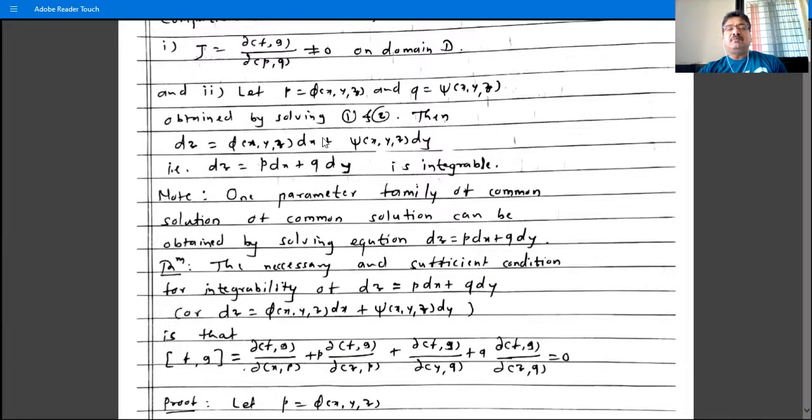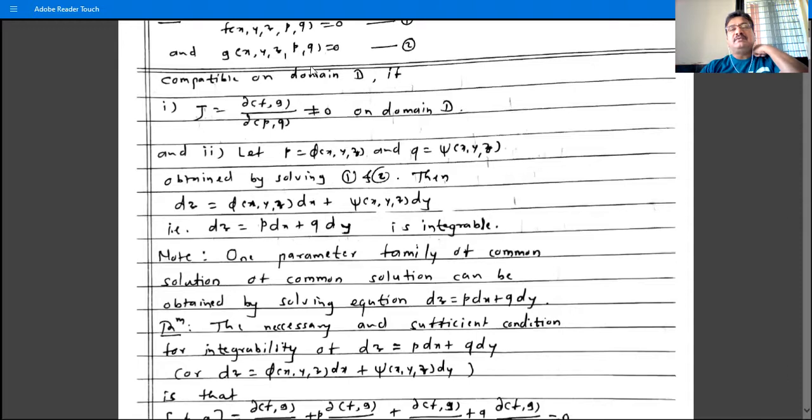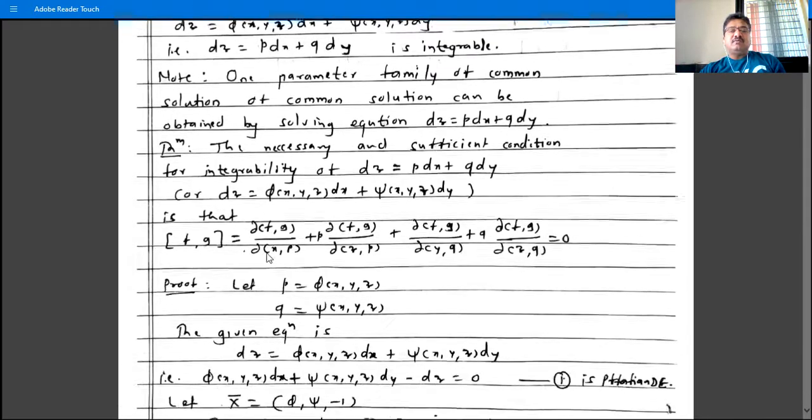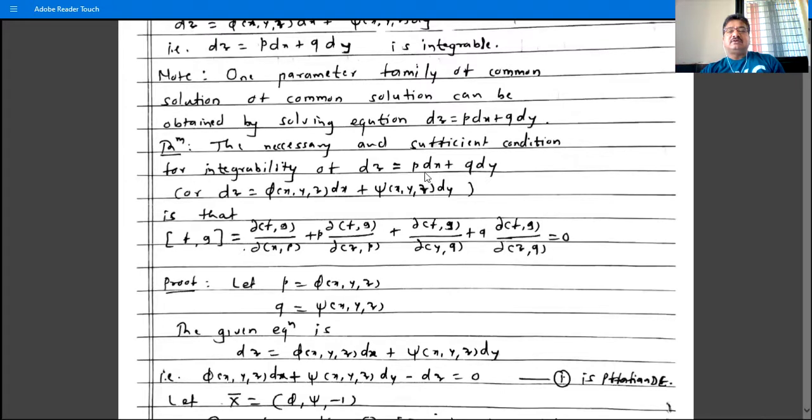What are p and q? P and q are functions of x, y, z, obtained by solving equations 1 and 2. After solving equations 1 and 2, we have p and q, and we substitute them. By the theorem, the equation dz = p dx + q dy is integrable if this expression is equal to 0.